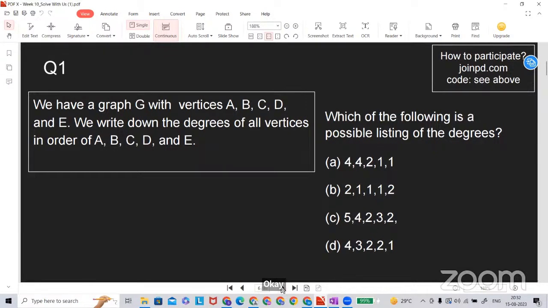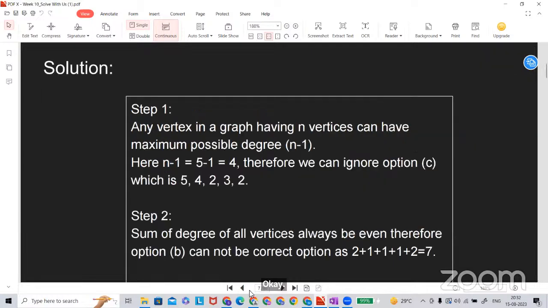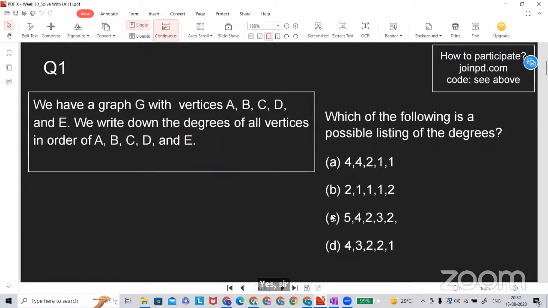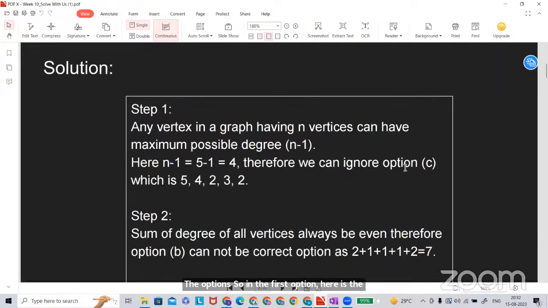So let's discuss the options. We will go option-wise, because there are many possibilities, but we want to choose the correct option only. In option C, the listing is 5, 4, 2, 3, 2.